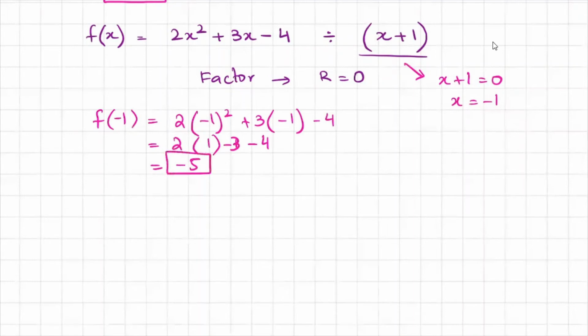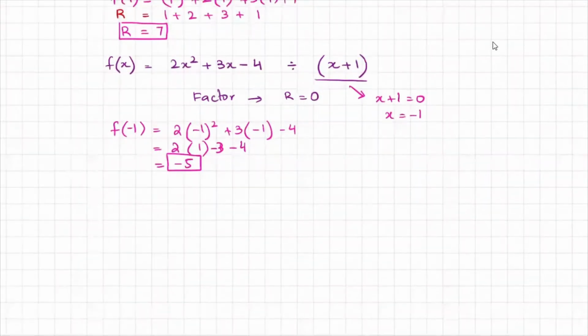Is it 0? It's not, which means this is not a factor. Once you get a 0 here, that means it is a factor. Since I'm not getting a 0, this expression is not a factor of this equation. All right, now let's do another question.